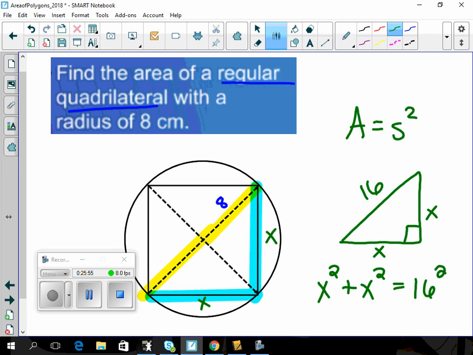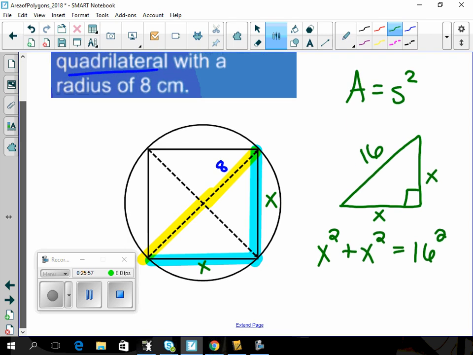Okay. So let's solve it. How do I solve that x squared plus x squared? What is that? 2x squared. Isn't that like terms? Yes. So 2x squared is equal to 16 squared. What is 16 squared, by the way? You guys have calculators. 256. Okay.